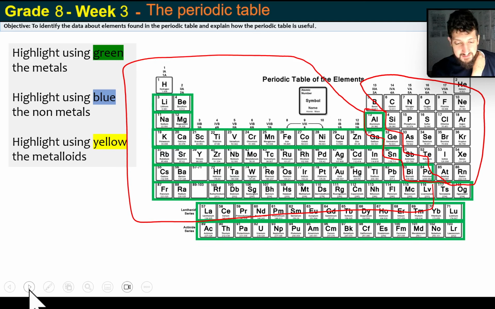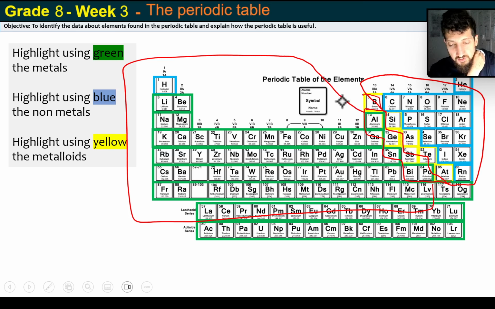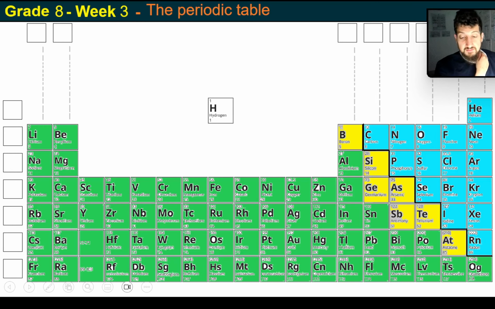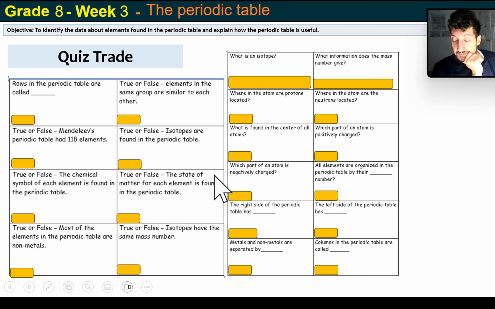Very good. Okay. Now you might see different periodic tables. You'll see them slightly different, but more or less that's what we have. Okay. Let's do some of this quiz.